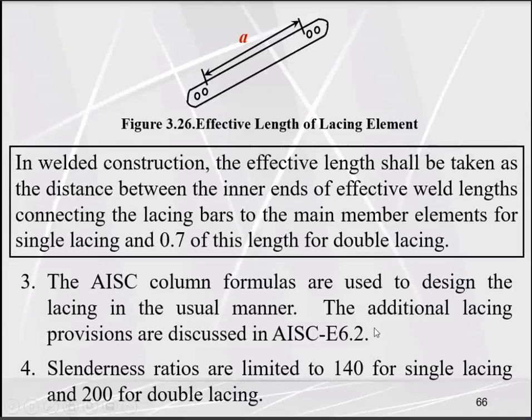For example, when we are designing a compression member, we do not allow the slenderness ratio more than 200. In the same way, for the lacing design, for single lacing, the maximum permissible slenderness ratio is 140, and for double lacing, the maximum permissible slenderness ratio is 200.